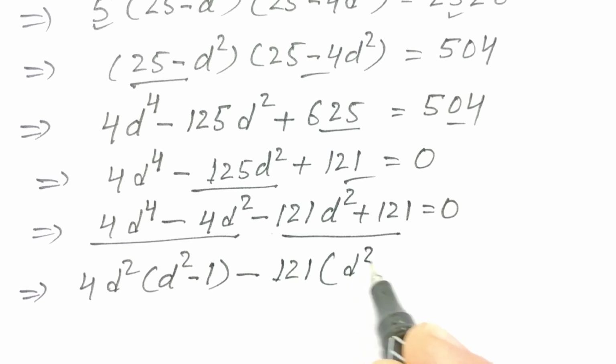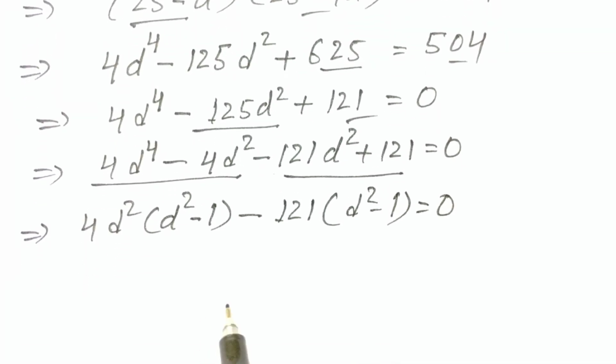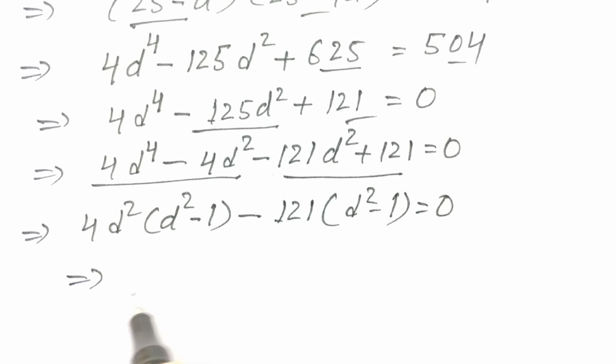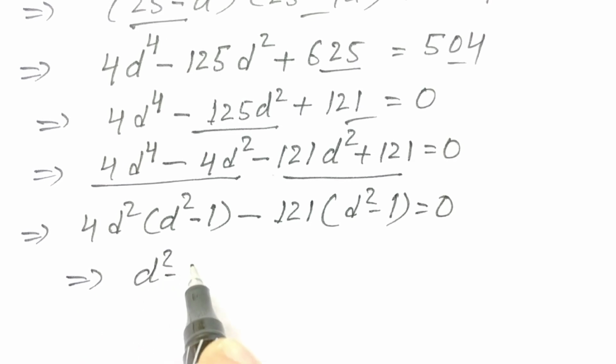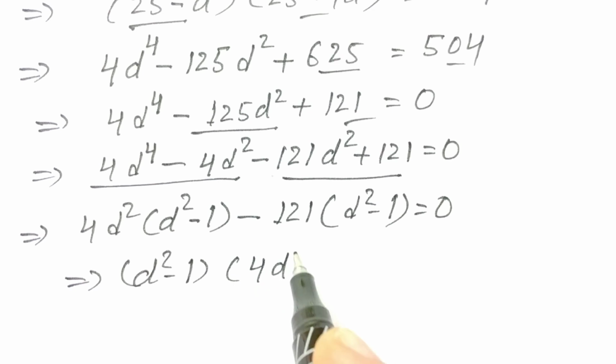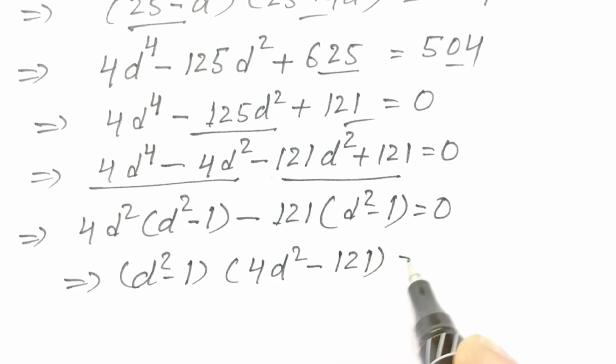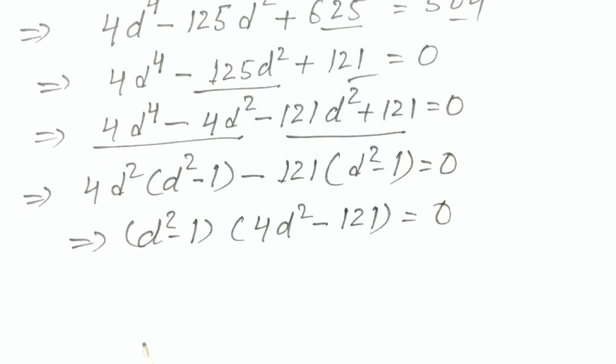So d square minus 1 into 4d square minus 121 is equal to 0. Fine.